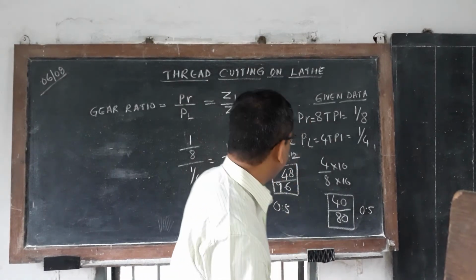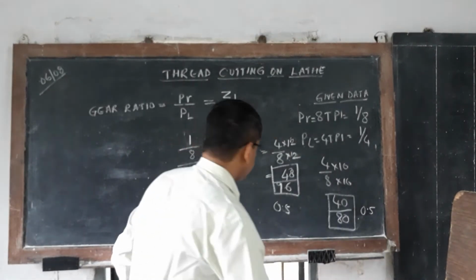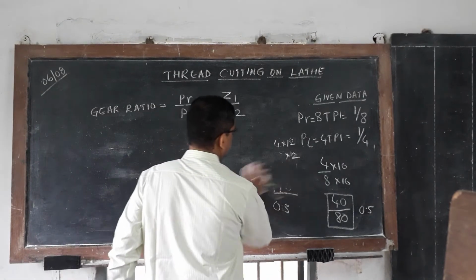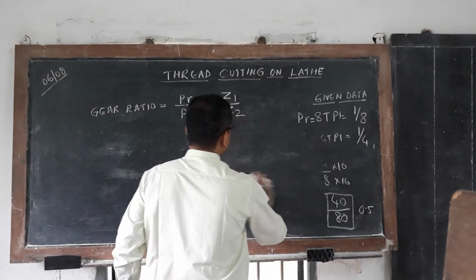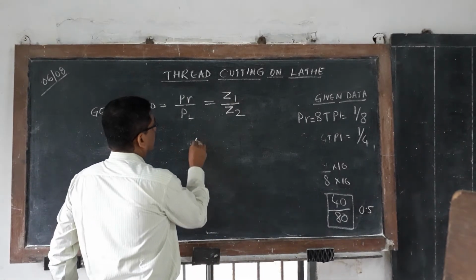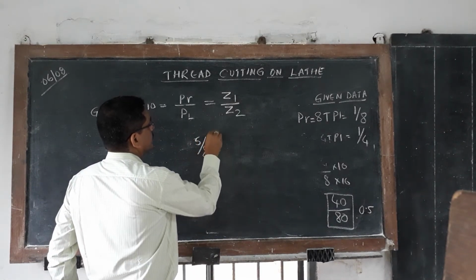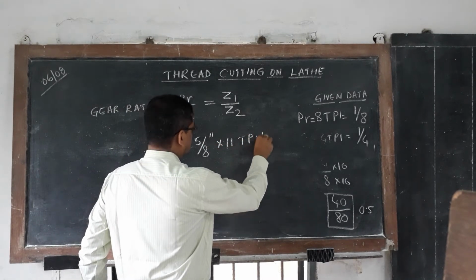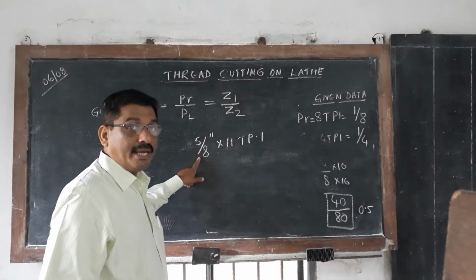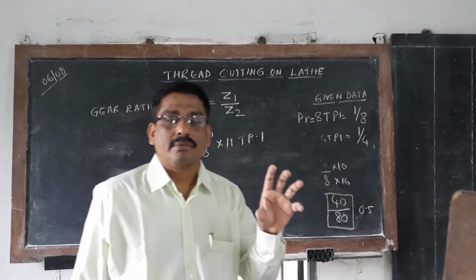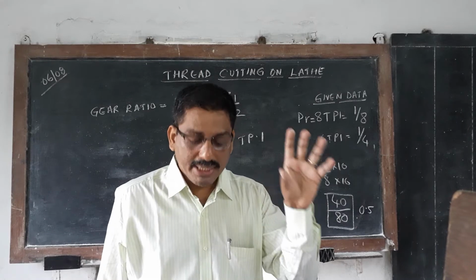Now 5 by 8 means 5 by 8 inch into 11 TPI. This 5 by 8 is the major diameter.